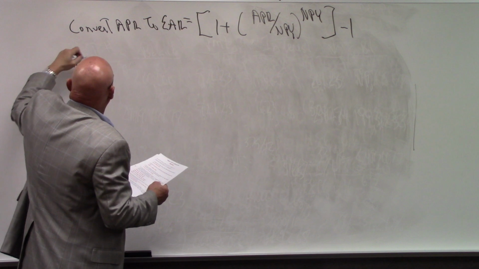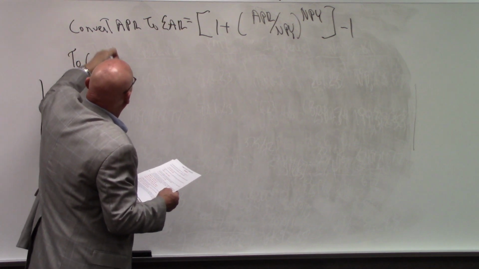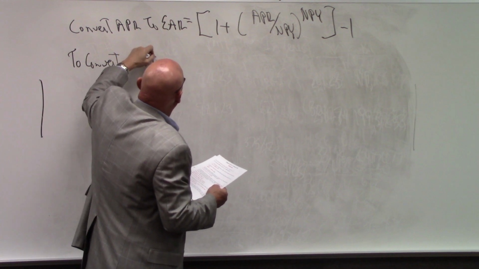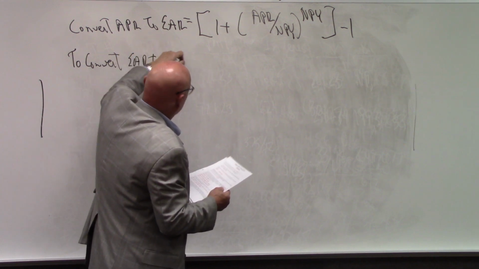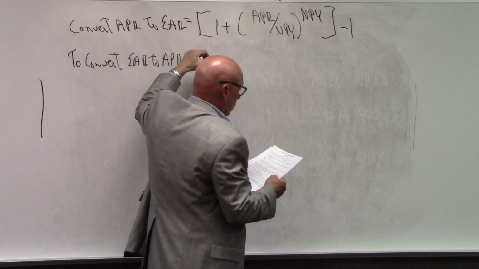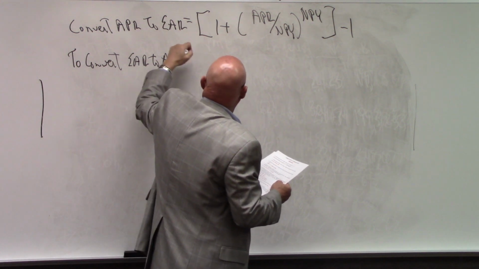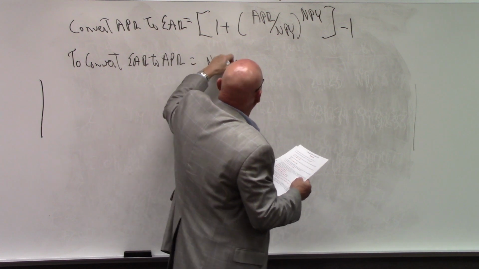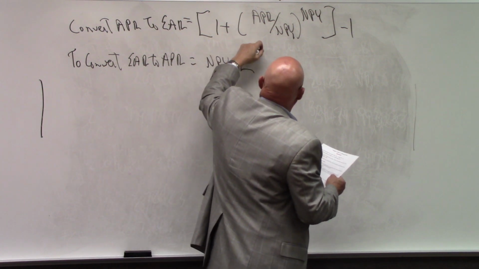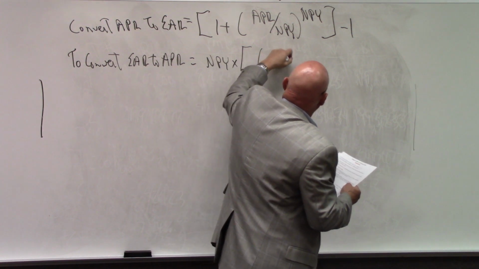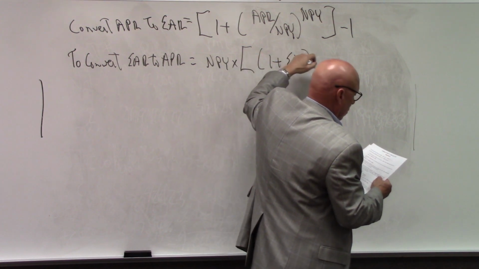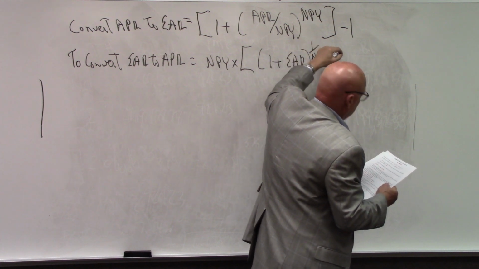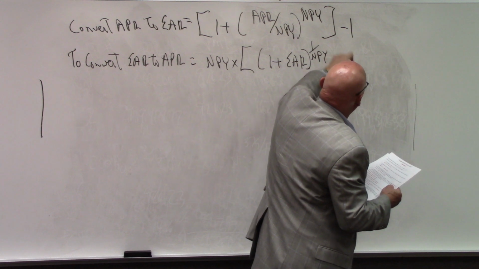To convert an EAR to an APR, the formula is the number of periods per year times 1 plus the EAR raised to the 1 over the number of periods per year, minus 1.